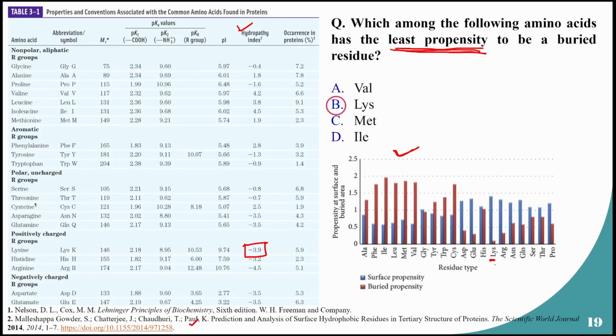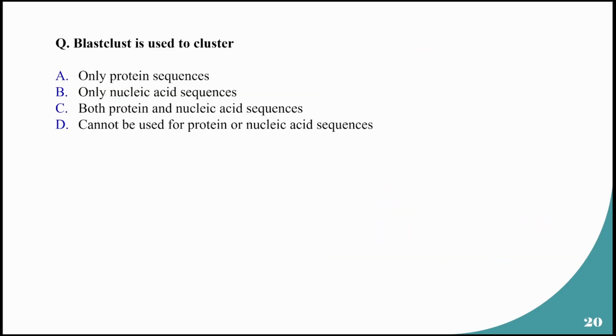A very small number of lysine will be found in a buried position. Similarly, the case of arginine, aspartic acid, and so on and so forth. Then on the opposite side, when the amino acid is hydrophobic in nature, you will find that their buried propensity is much, much higher than their surface propensity. So yeah, that's the method to find out these sorts of answers.